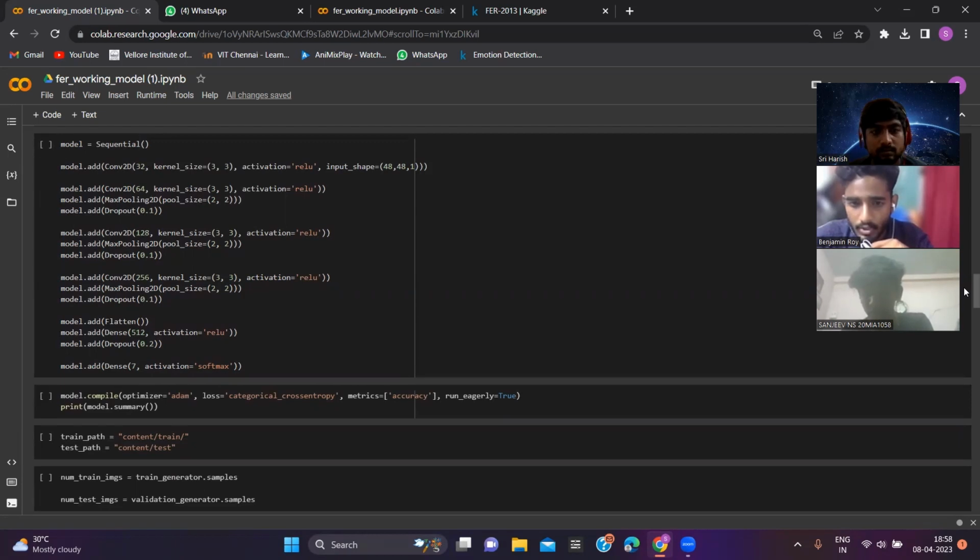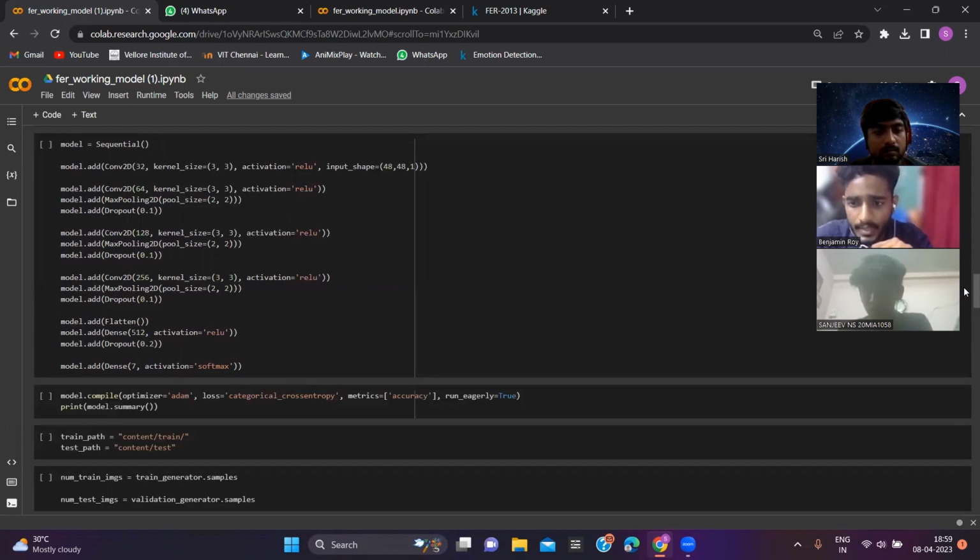The first convolution layer has 32 filters with a kernel size of 3 by 3 and a ReLU activation function, followed by a second convolution layer with 64 filters. Then a max pooling layer with a pooling size of 2 by 2 and a dropout layer with a rate of 0.1. The third convolution layer has 128 filters, a max pooling layer with a pooling size of 2 by 2 and a dropout rate of 0.1.